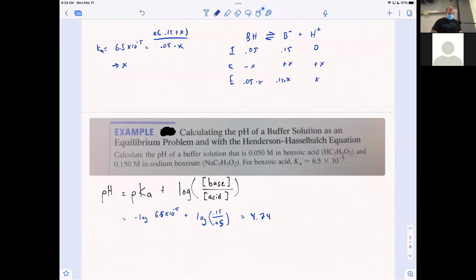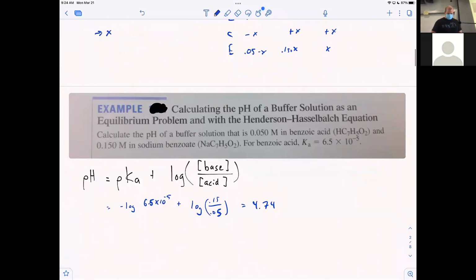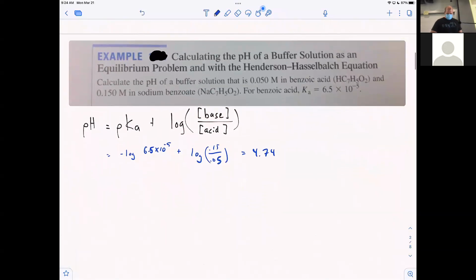So, an introduction to using the Henderson-Hasselbalch equation. Actually, this equation is derived from using the x is small approximation. pH is equal to pKa, which is the minus log of the Ka, plus the log of the concentration of the base over the acid. If we know the Ka, we take minus log of that, and plus the log of the base, which is the one that says sodium in front of it.